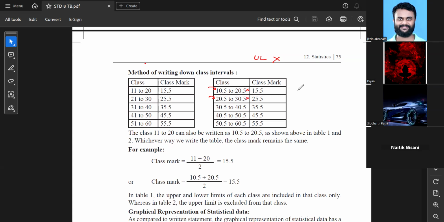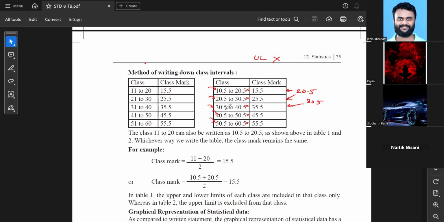Which means if you are getting a data 20.5, class first class में जाएगा या second class में जाएगा? कहाँ जाएगा? Second class. Yes. Similarly, if you get 30.5, that will go to the third class. Because in third, we'll be including 30.5, but we'll be excluding 40.5. So all the upper limits will be excluded in that case, but the lower limit will be considered.